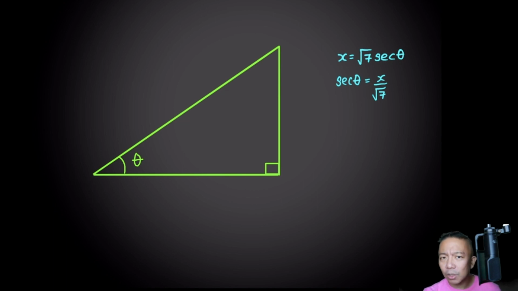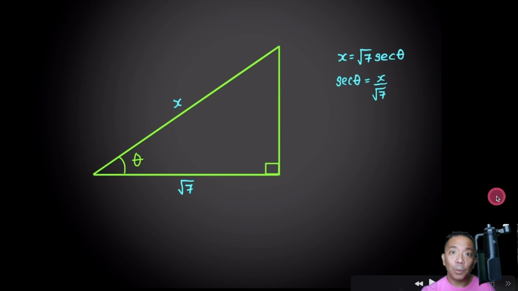Secant is 1 over cosine. Cosine is adjacent over hypotenuse. So that means secant is hypotenuse over adjacent. So the length of our hypotenuse is x and the length of our adjacent side is square root of 7. We will need to find the third side, the opposite, to get sine theta, which is our final answer.